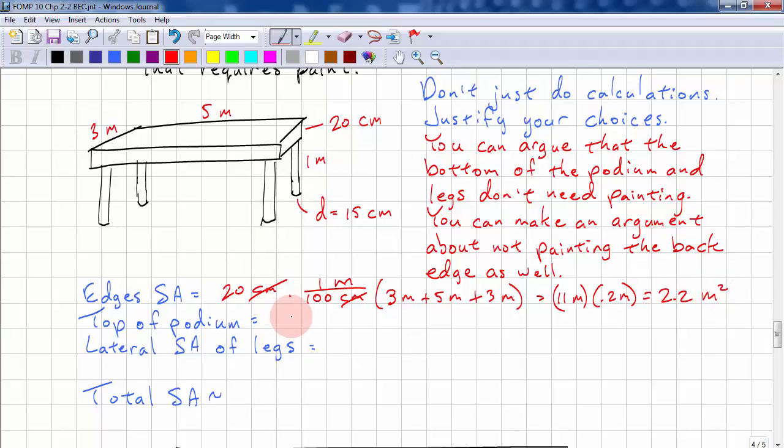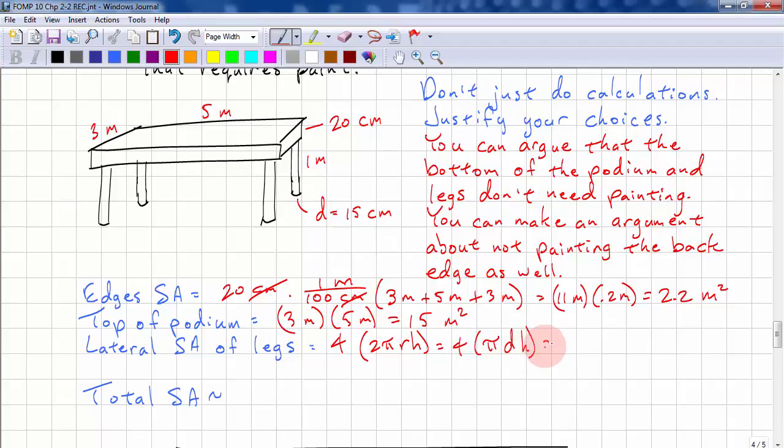Top of the podium, this is easy, 3 meters times 5 meters. This gives us 15 square meters. And then the lateral surface area of the legs. We have 4. The lateral surface area is just 2 pi r h. Or in this case, we can just do 4 times pi d times h, since we're given the diameter.